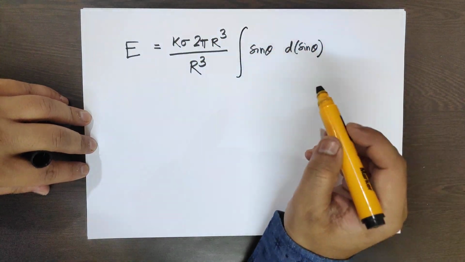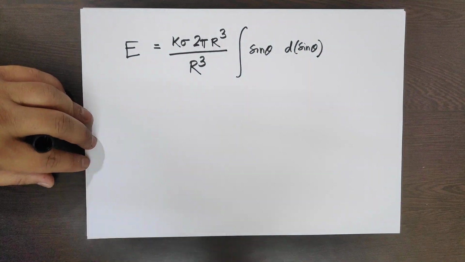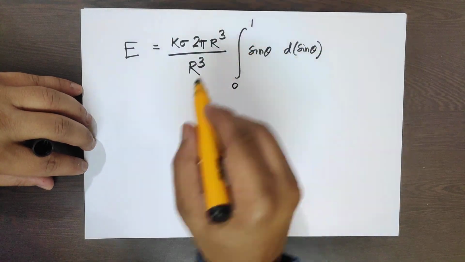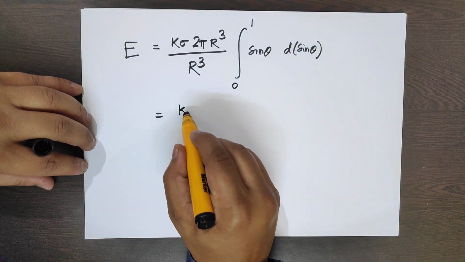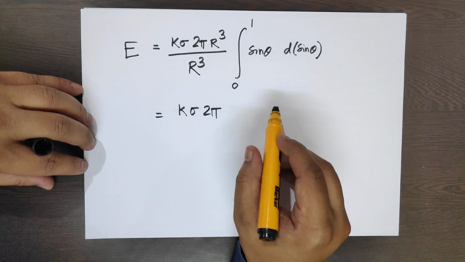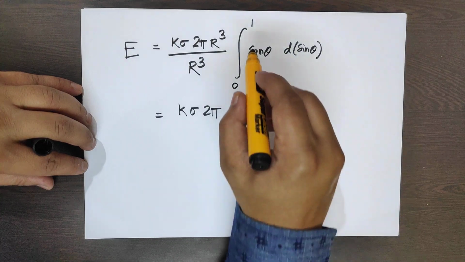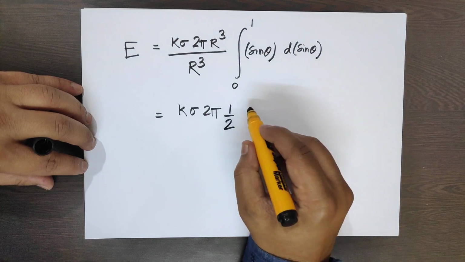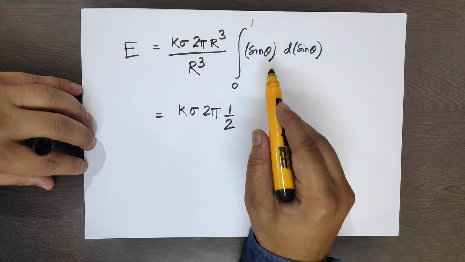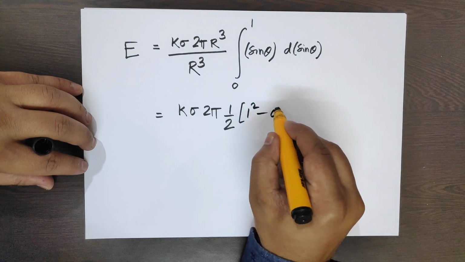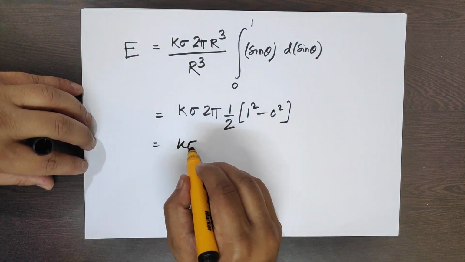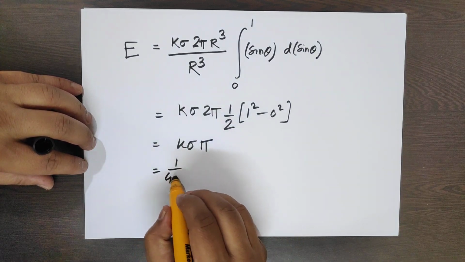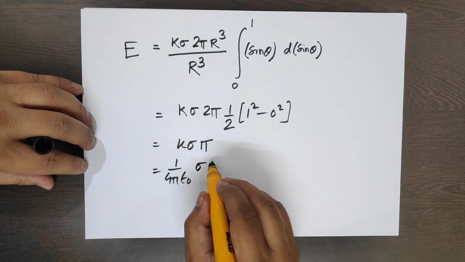So this integration is from 0 to pi by 2, theta varies from 0 to pi by 2, so sin theta will vary from 0 to 1. So this is k sigma 2 pi into integral of z dz, z square by 2, half of sin square theta. So that is half of 1 square minus 0 square. So that is k sigma pi. So k is 1 by 4 pi epsilon naught, sigma pi.